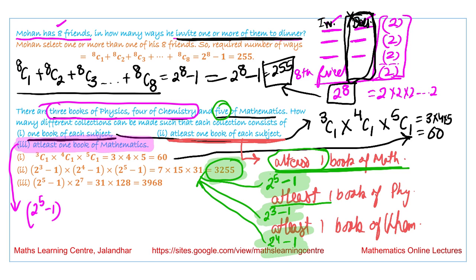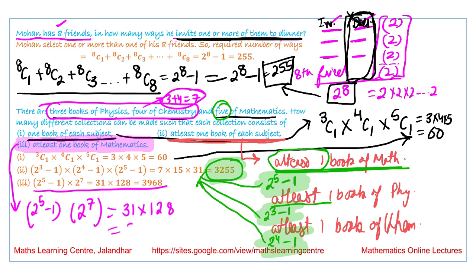It is 3 plus 4 is equal to 7. We can have any number of books. There may be 0 books, there may be 1 book, there may be 2 books, there may be 3 books. So the total number of cases we have is 2 raised to the power 7. So the answer we obtain in this case is 31 into 128, that is equal to 3968. So these are the total number of cases in this case.